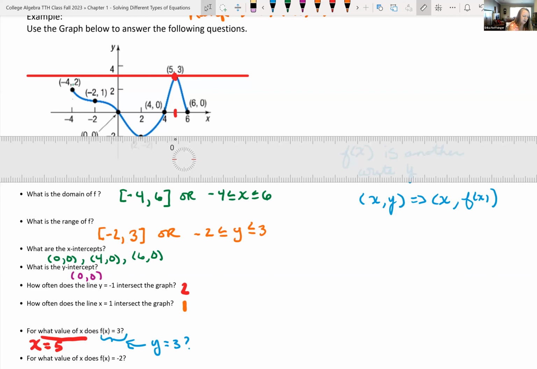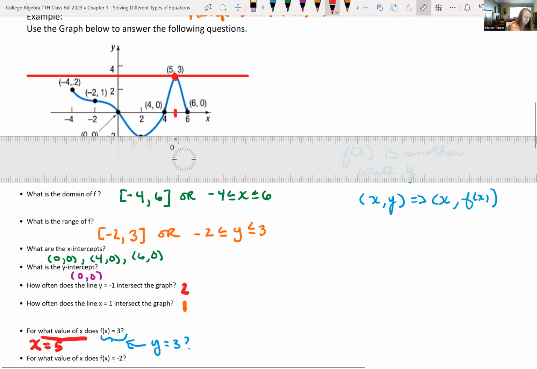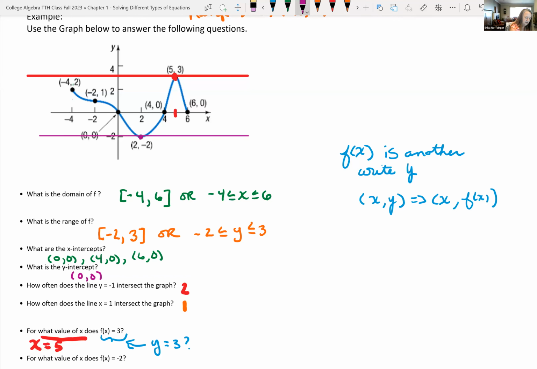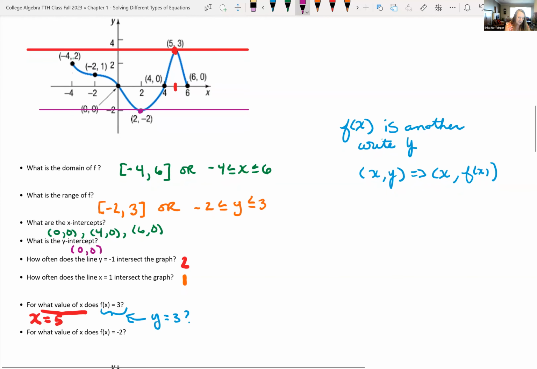If we look at the horizontal line through y equals -2, notice that this is only crossing or touching the graph once. So there's only one x value that gives us a y value of -2, and that's when our x value is 2.